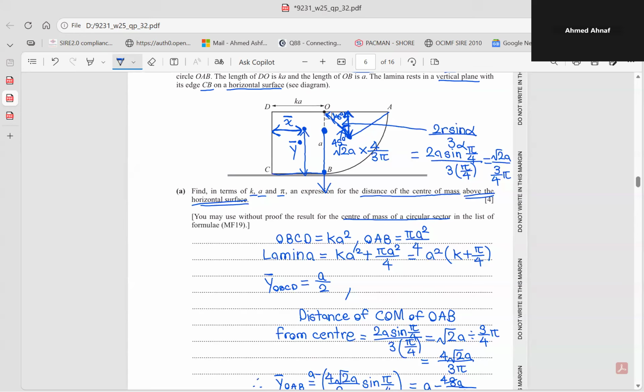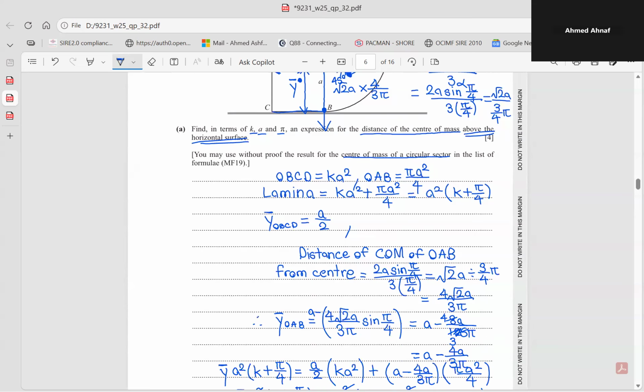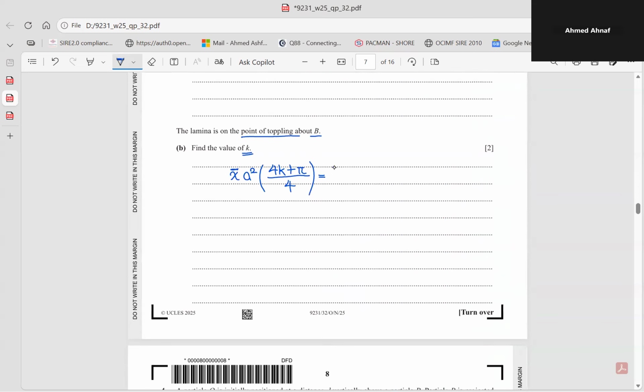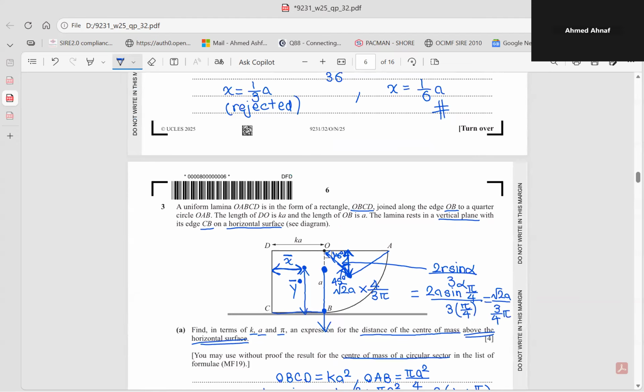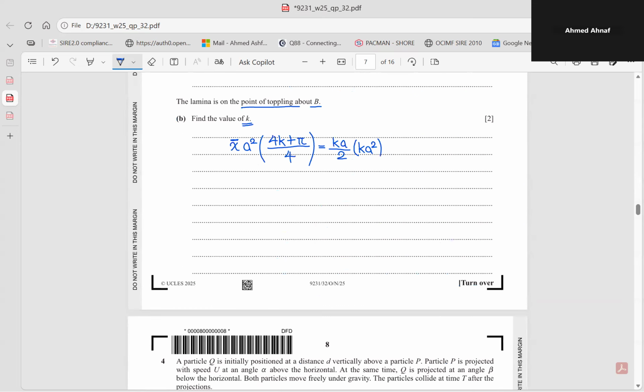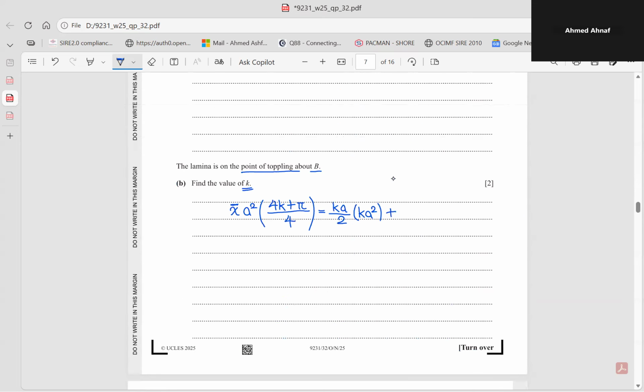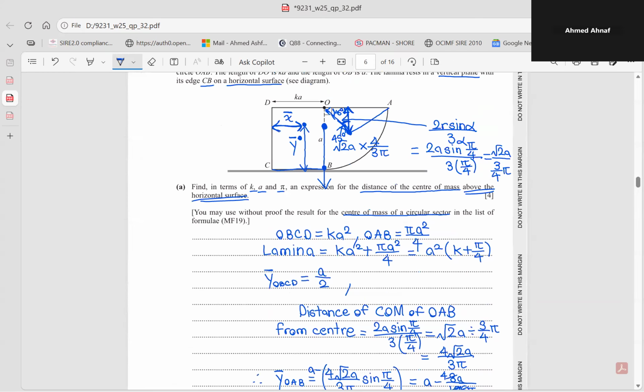The area of the rectangle is ka squared, and the length of the center of mass of the rectangle is ka over 2. So doing that gives us ka over 2 times ka squared. And then you add it with that of the quarter circle.